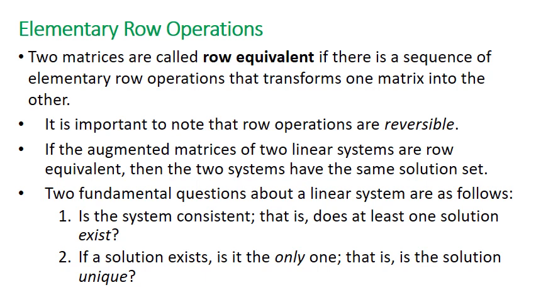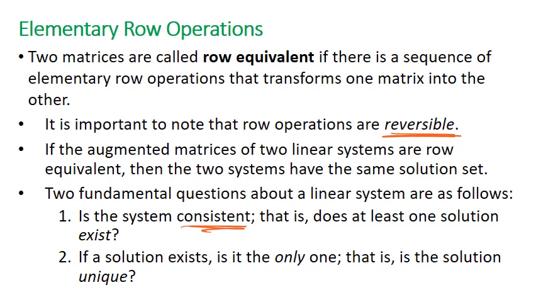Row operations are reversible, and if two augmented matrices of two linear systems are row equivalent, then they are considered to have the same solution set. The question that we want to answer is, is the system consistent?